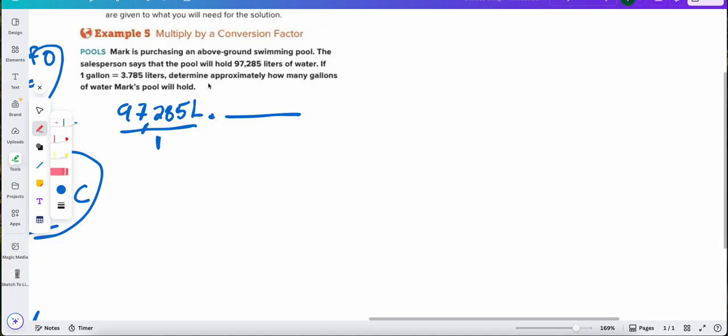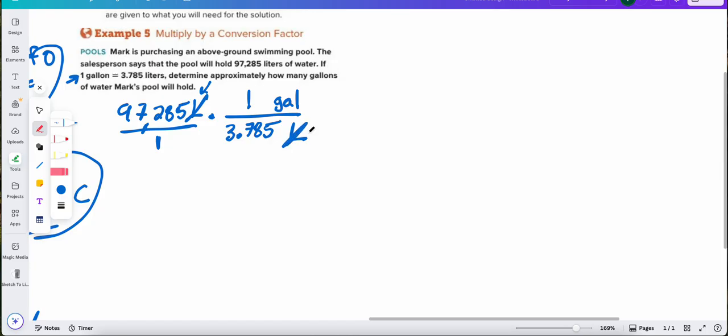So if there's liters on top here, we want liters on the bottom of our next fraction. Our answer we want in gallons, so we want gallons on top, and we would use that little conversion thing they gave us. So 1 gallon is 3.785 liters. Okay, so this would help us cancel out those liter units, leaving us only with gallons.